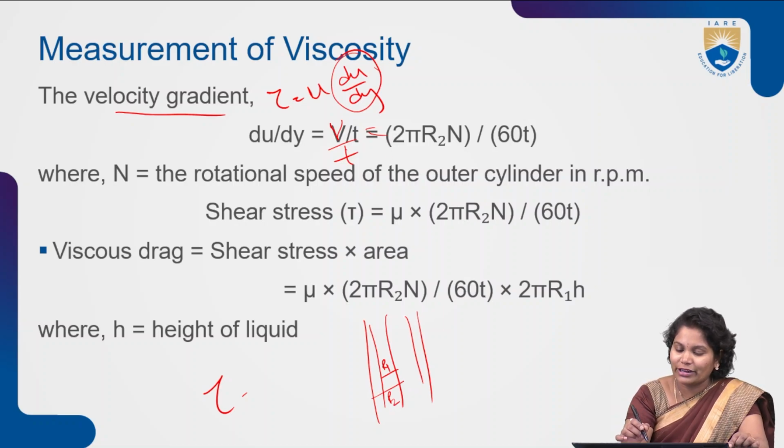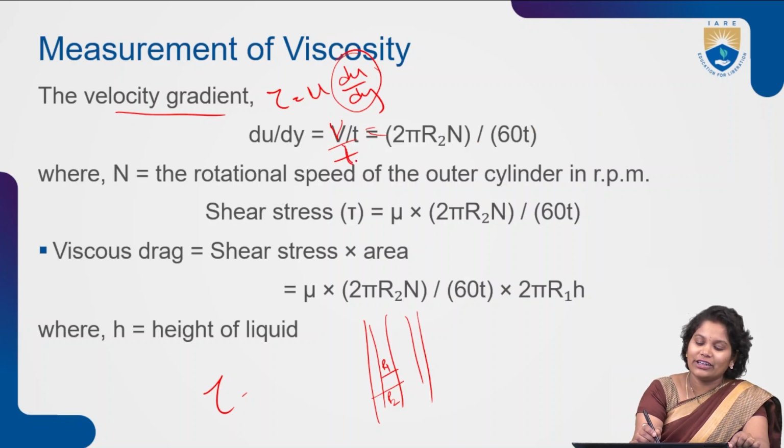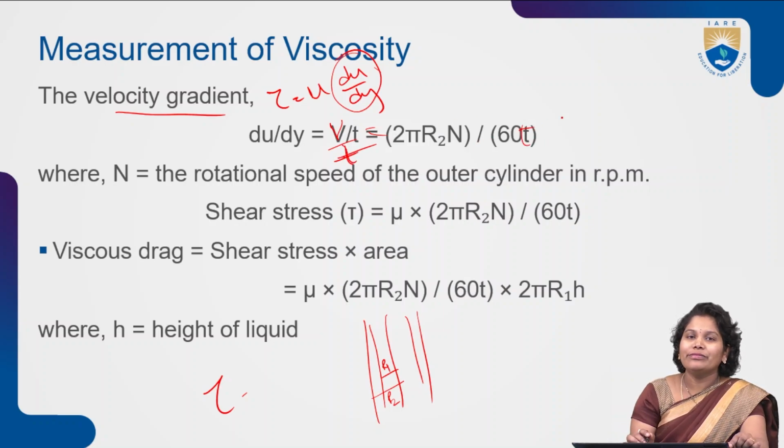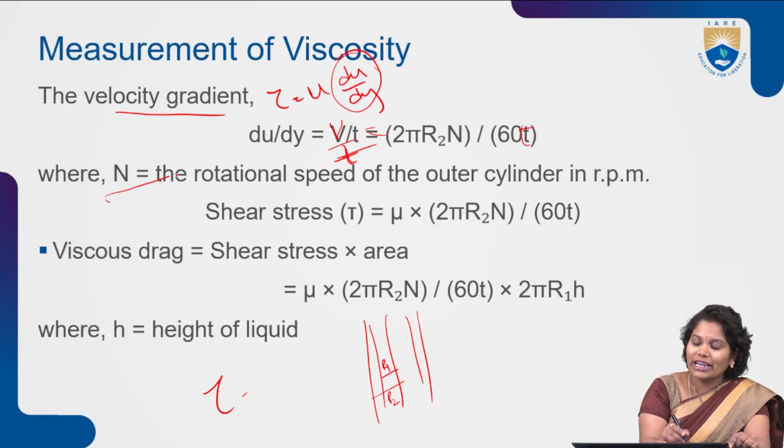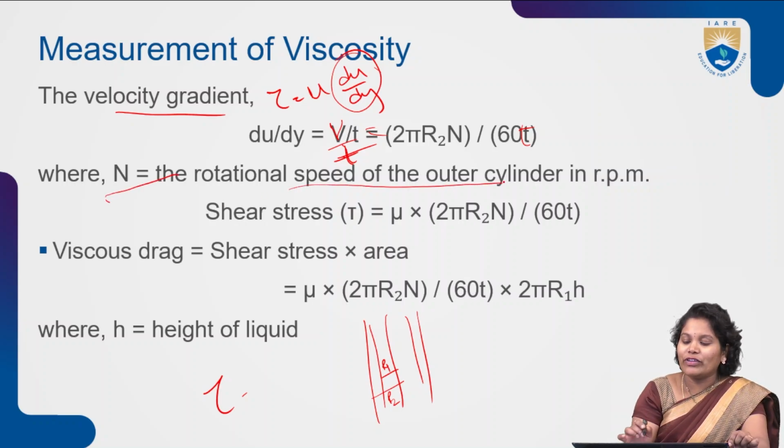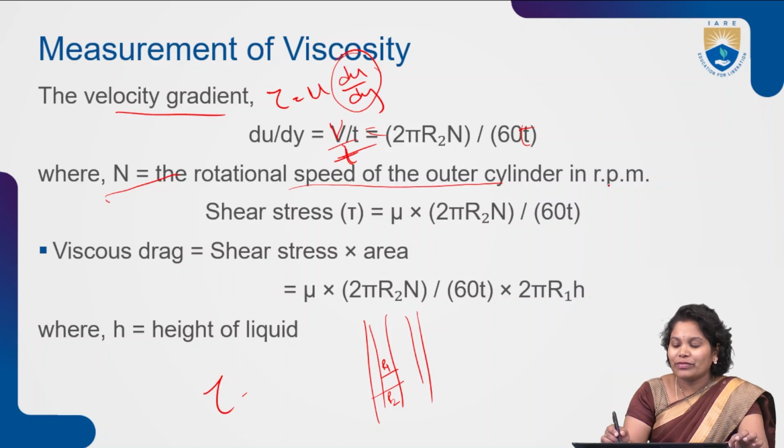So I'm writing 2 pi R2 n by 60 t. What is n here? n is the rotating speed of the outer cylinder in RPM.